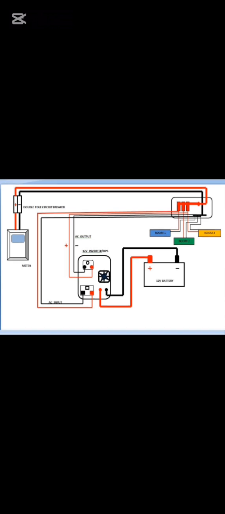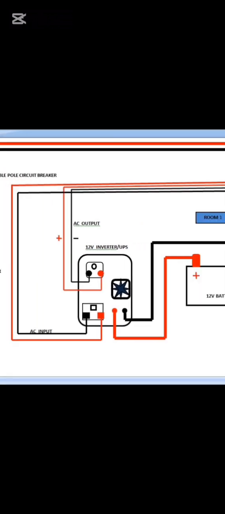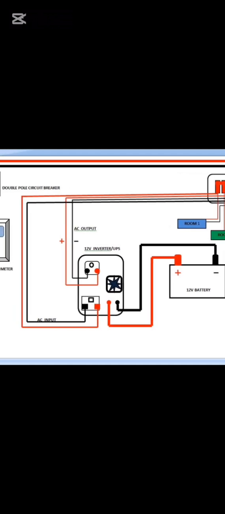As you can see, the main power supply goes to the consumer unit, and also the AC input of the inverter is connected to the consumer unit for the charging of the battery.